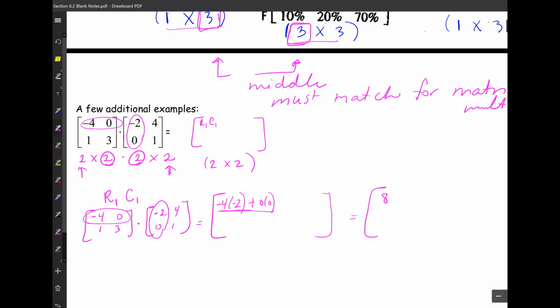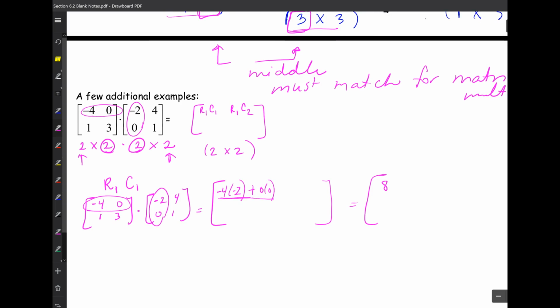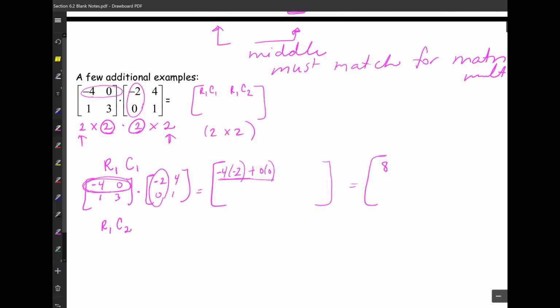Okay, let's take a look at what we would do for row 1, column 2. Looking at this same problem, we're going to take row 1, and what do you think we're going to multiply it by? Column 2. So let's rewrite it, just because now we're finding row 1, column 2. Since this is the first example, I want to do this step by step.